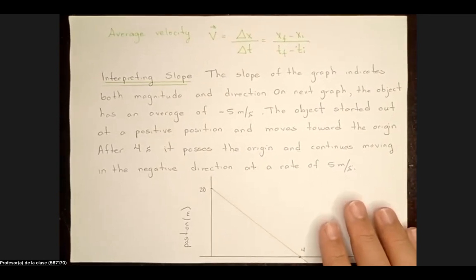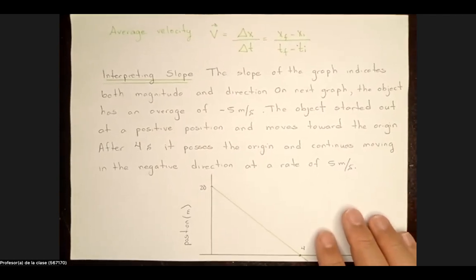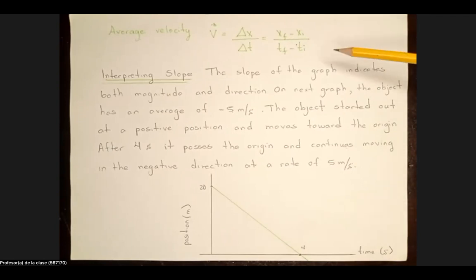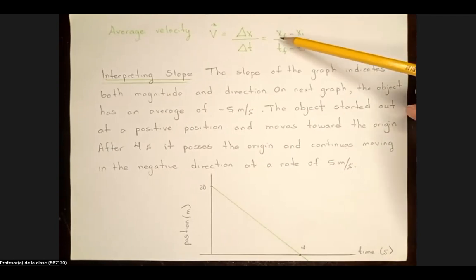It's two subtractions. First is the subtraction of position, right? So final position minus initial position will be above the dividing line, okay?